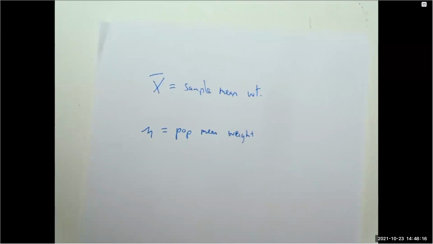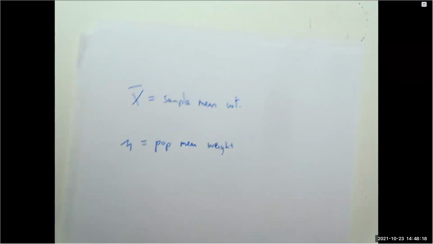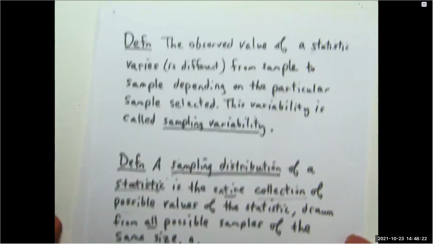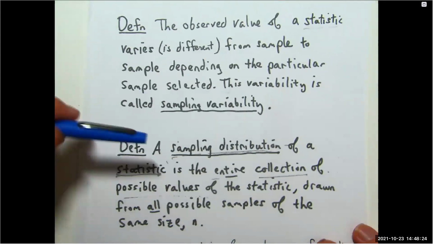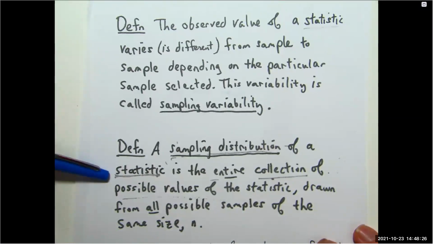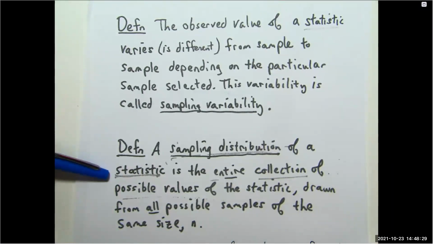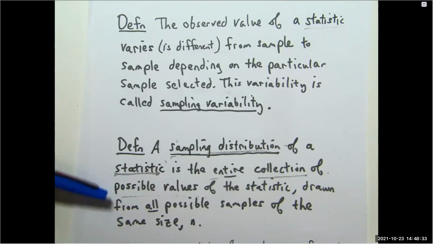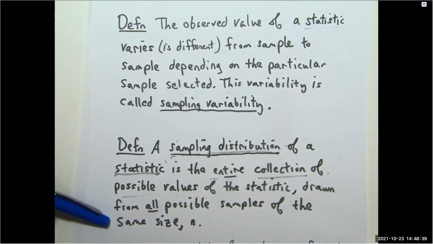Okay, the next thing is this. We want to introduce the concept of a sampling distribution. A sampling distribution of a statistic, in this case X bar, is the entire collection of possible values of X bar, or that statistic, drawn from all possible samples of the same size, n.